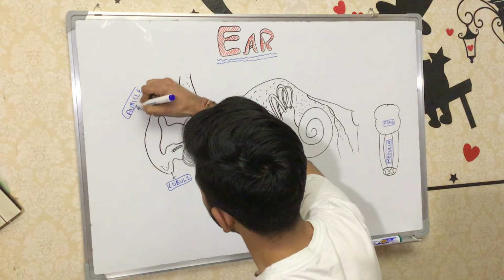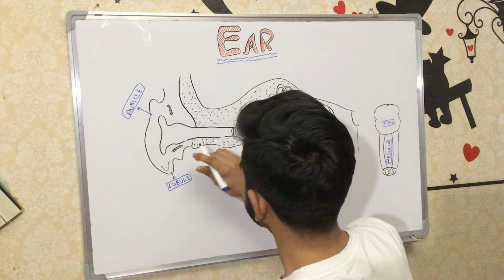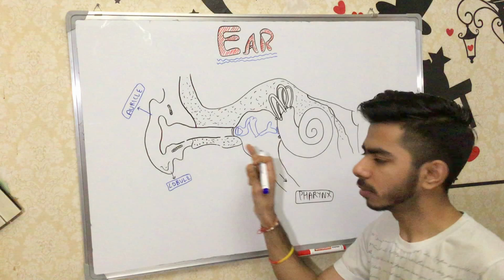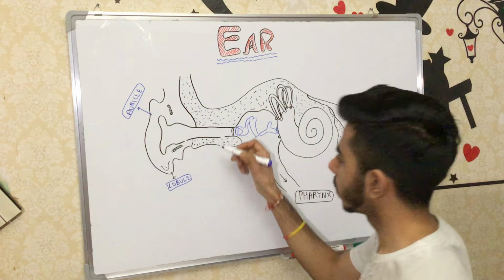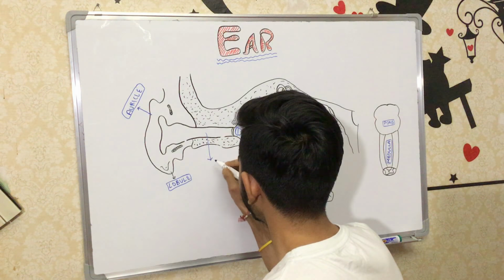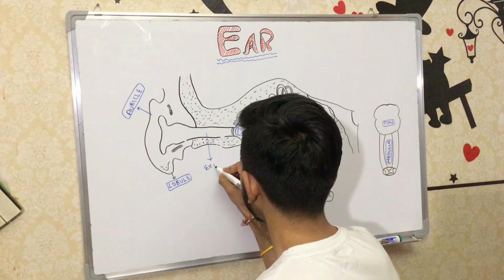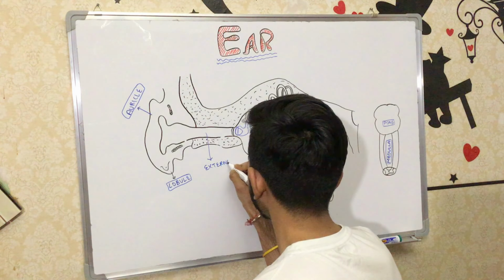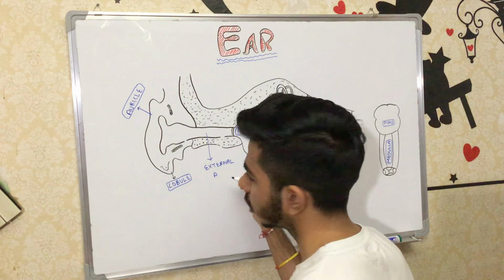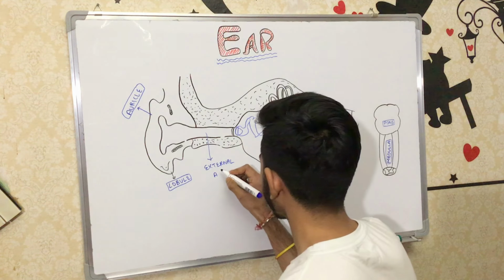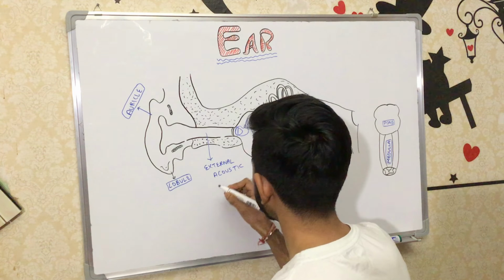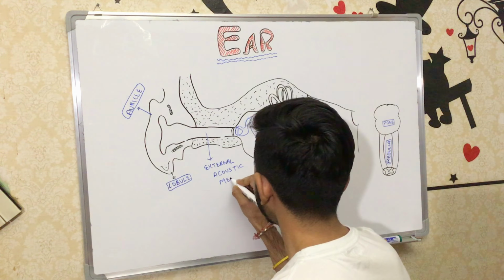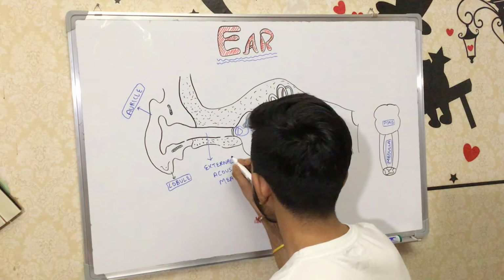This whole part, the length of this external acoustic meatus, is 24 mm, as I have already mentioned. This part is the external acoustic meatus, or external auditory meatus, as you pronounce, external acoustic meatus.